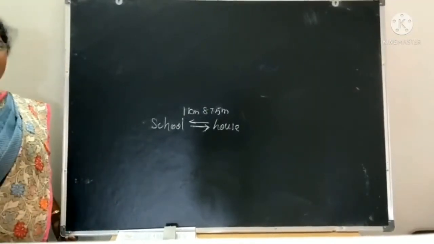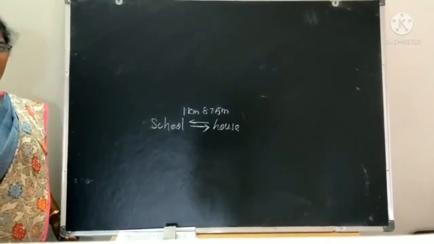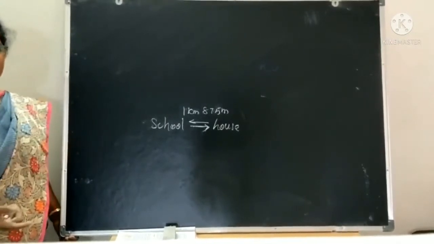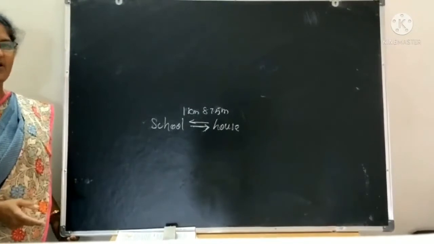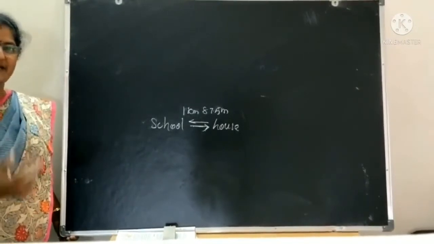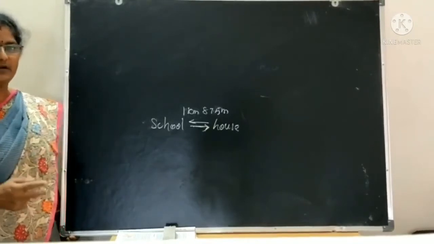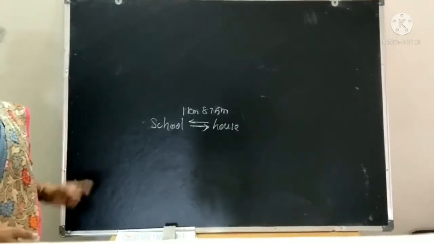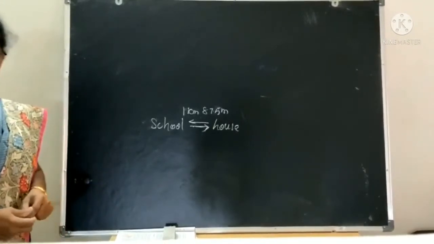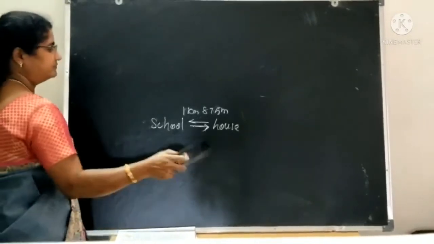So we multiply 2 into 6, 12. Directly we can multiply by 12, or multiply in 2 steps. Okay, let's see.